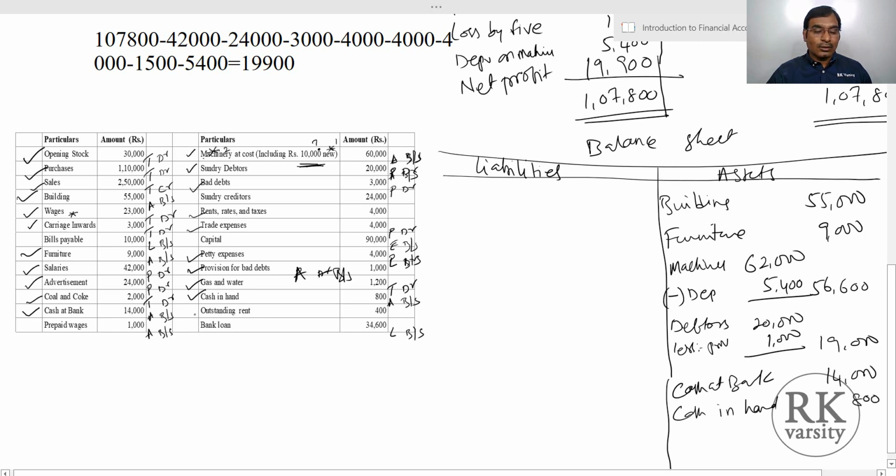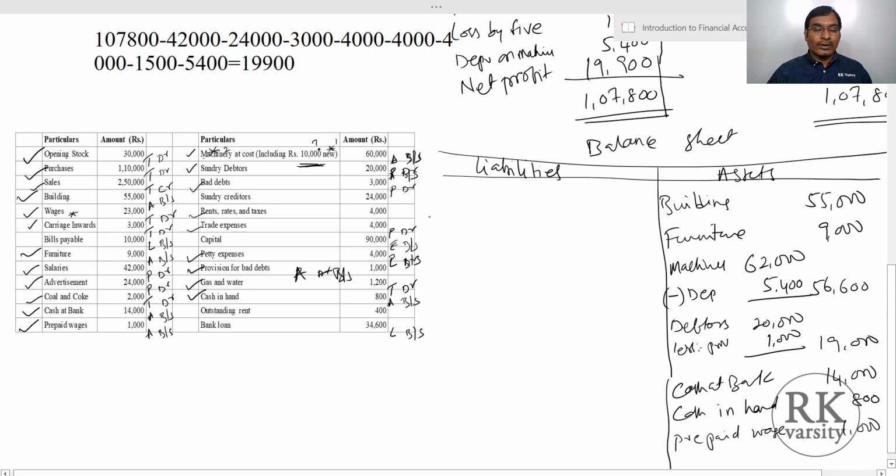Then outstanding rent, this is a liability, and any other bank loan is a liability. Just we look at prepaid wages is an asset. So you have prepaid wages here. Prepaid wages is an asset, and this is 1,000. Then any other items that we missed.